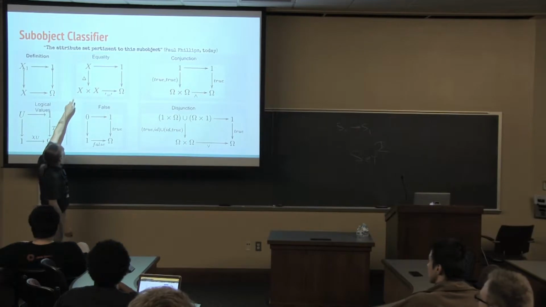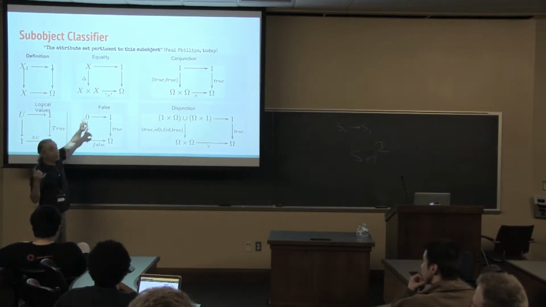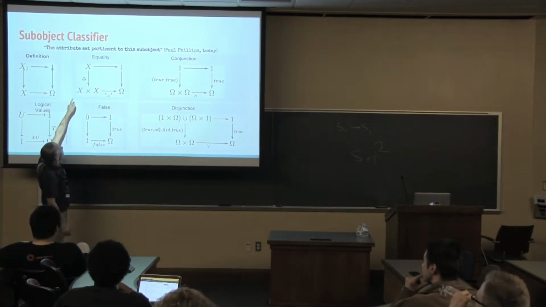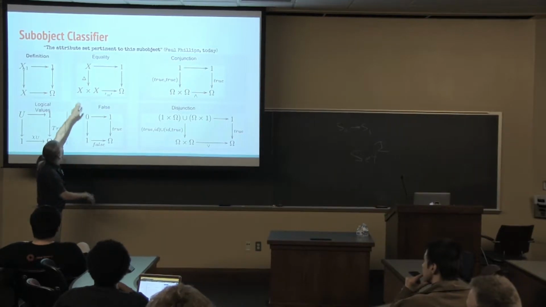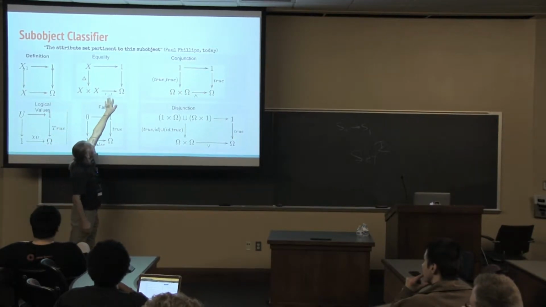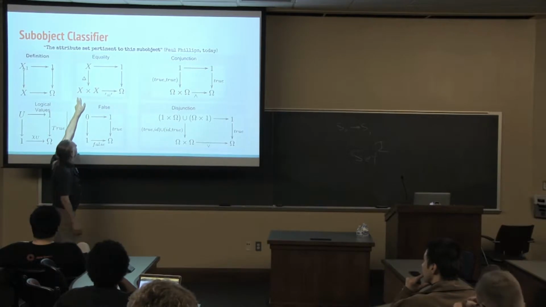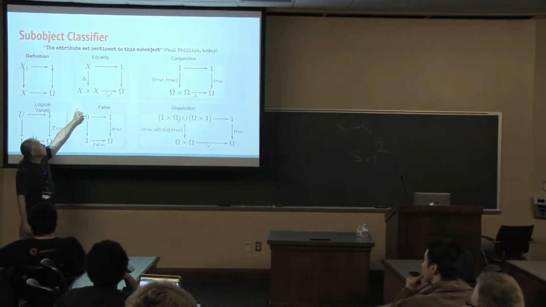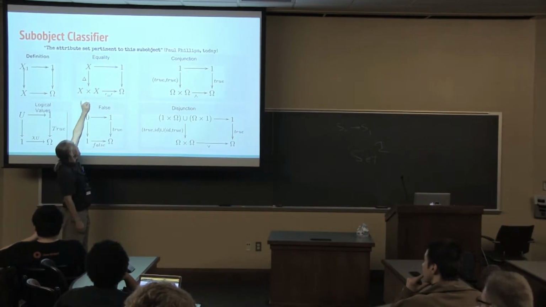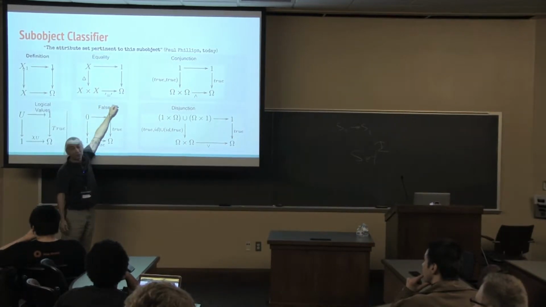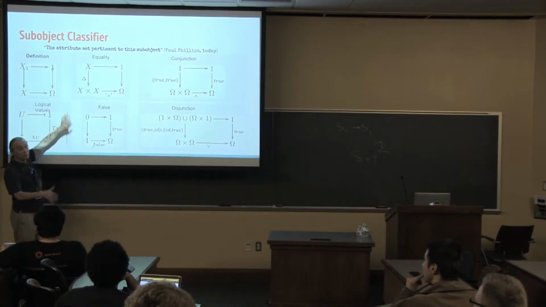Look at the diagonal of X. If we talk about the points of X, every point of X maps to a pair (x, x). Equality is the predicate that classifies delta, meaning that only such pairs that come from there go to truth. Others don't.